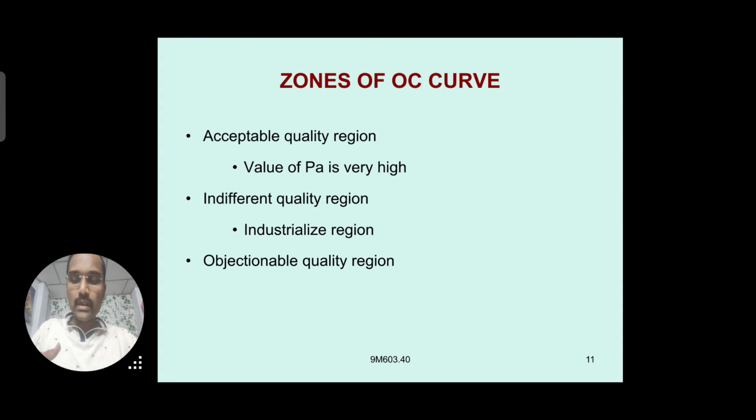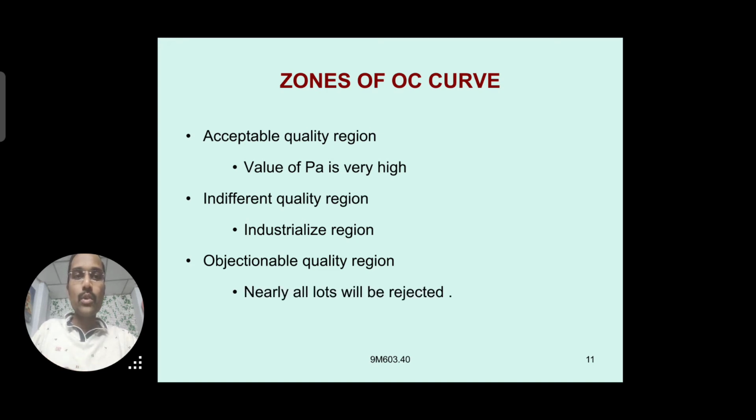For this pending case, it is mostly suitable to go for the 100% inspection method. Why? Because there is a 50-50 chance. In this region we may accept the bad lots, and sometimes we may reject the good lots. That is regarding the indifferent quality region.